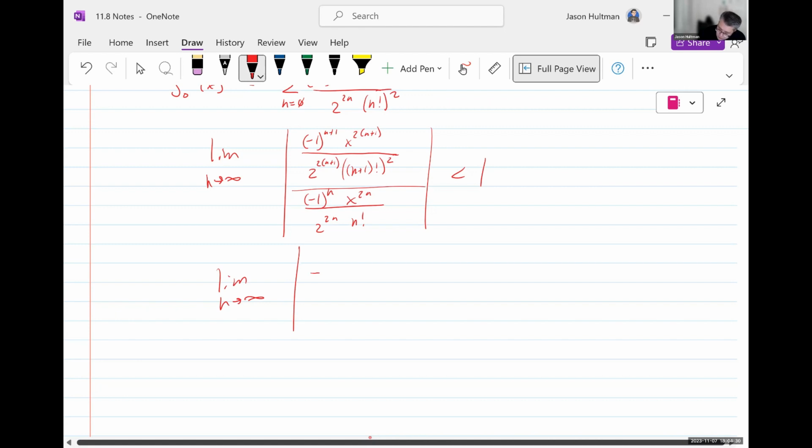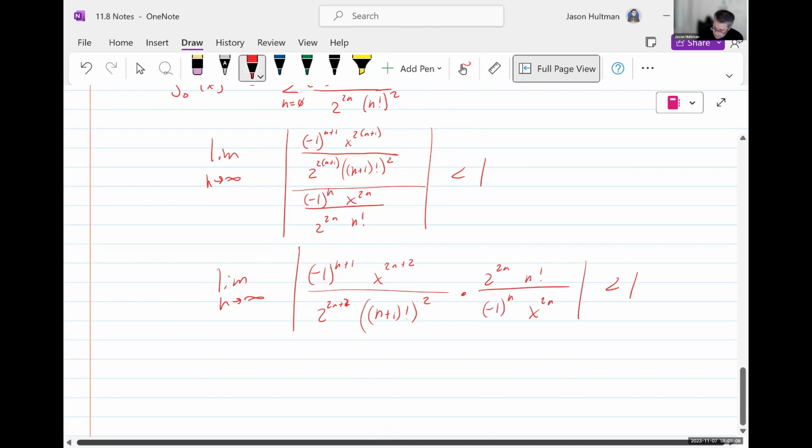Okay, (-1) to the n plus 1, x to the, I'm going to distribute this, 2n plus 2, all over 2 to the 2n plus 2, and this is n plus 1 factorial squared, times 2 to the 2n, n factorial squared over (-1) to the nth, x to the 2n. Again, where is that less than 1?